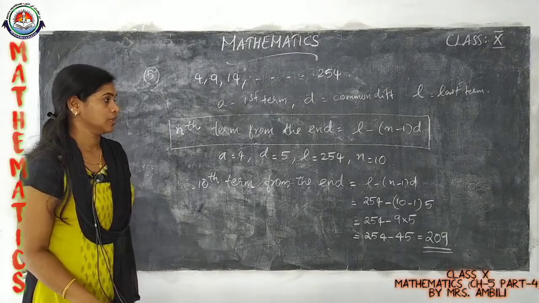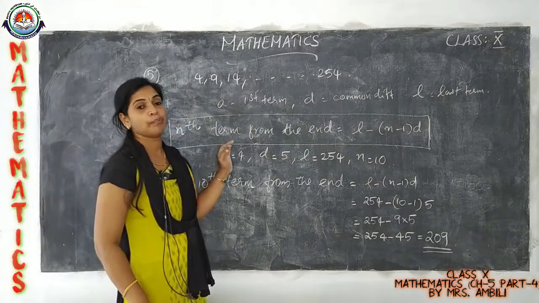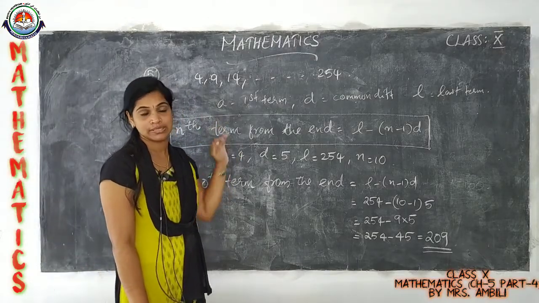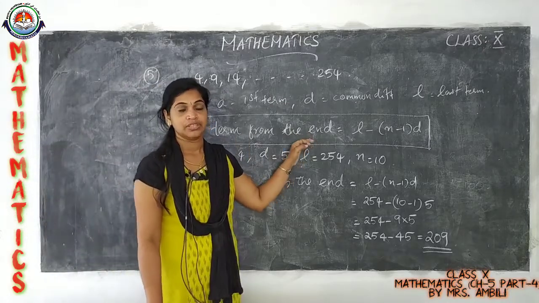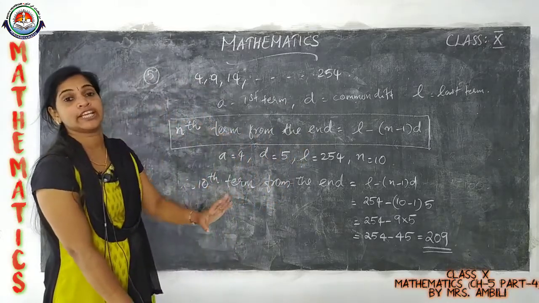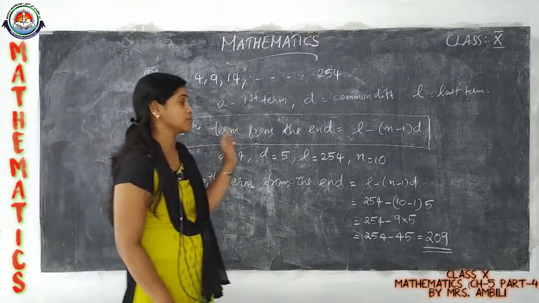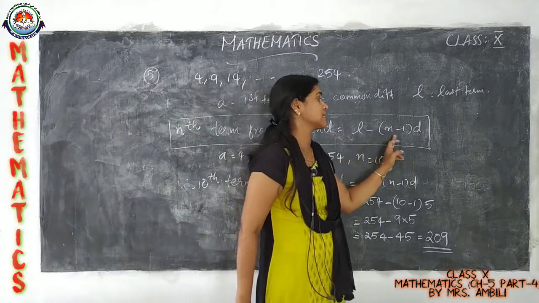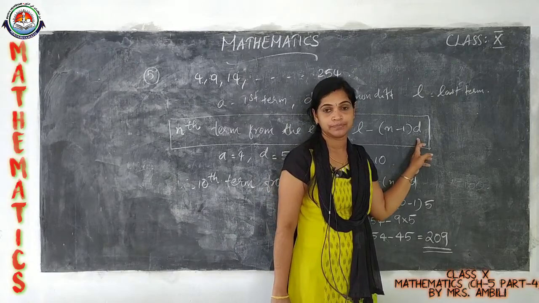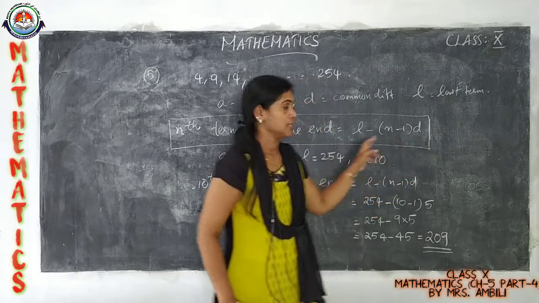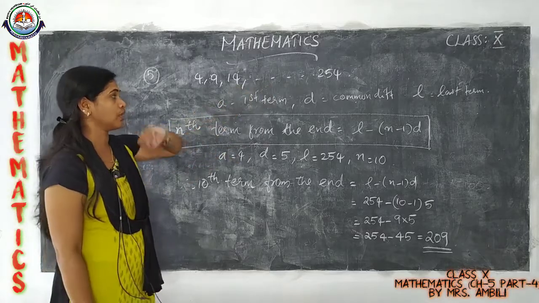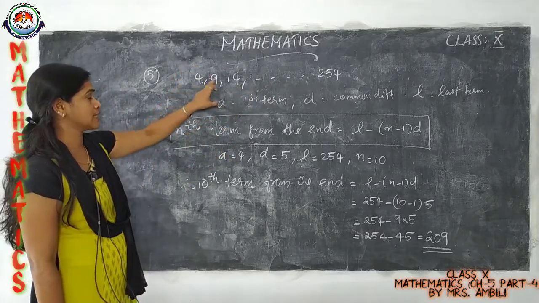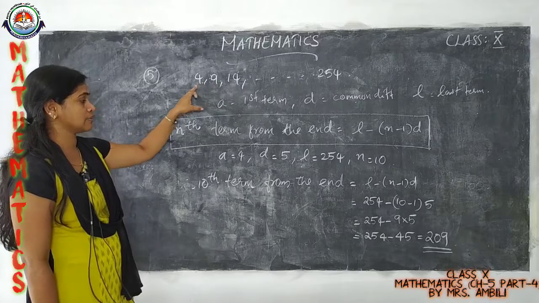209. So here we formed a formula for this type of question, that is the nth term from the end. If we need to find the nth term from the end, we can use the formula L minus (n minus 1) into D. From the question we get L equal to 254, A equal to 4, D is the common difference, that is 9 minus 4, 5.